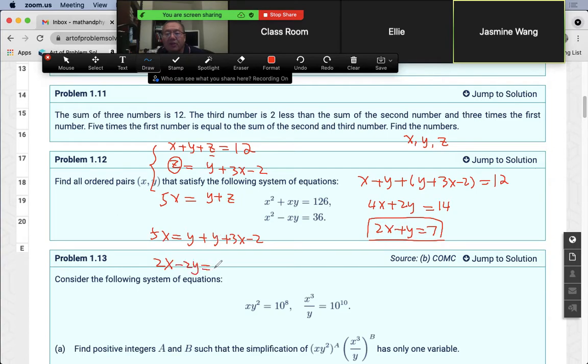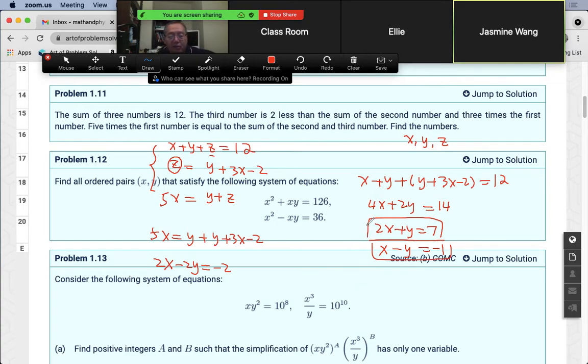Then this one equals negative 2. So both sides divided by 2. Yeah, you can divide it by 2. You got x minus y equals negative 1. Okay, this is the third equation after simplifying.